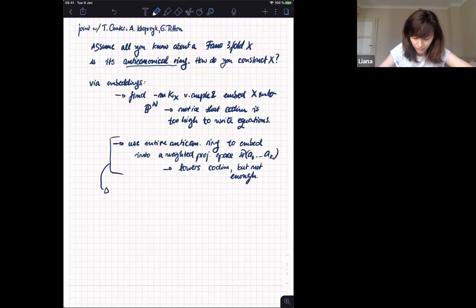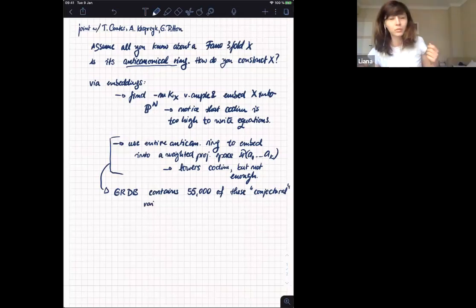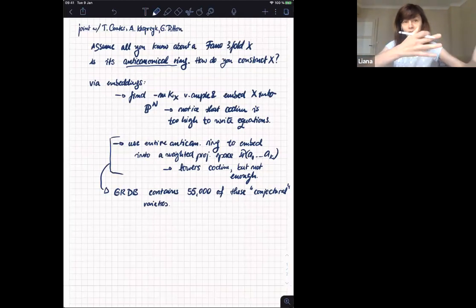It's called the graded ring database, GRDB for short, which contains about 55,000 of these conjectural, I put this in inverted commas, varieties. So you start with all possible Hilbert series, you build the embedding space, this is an entry in your database, but you never know whether these varieties actually exist.